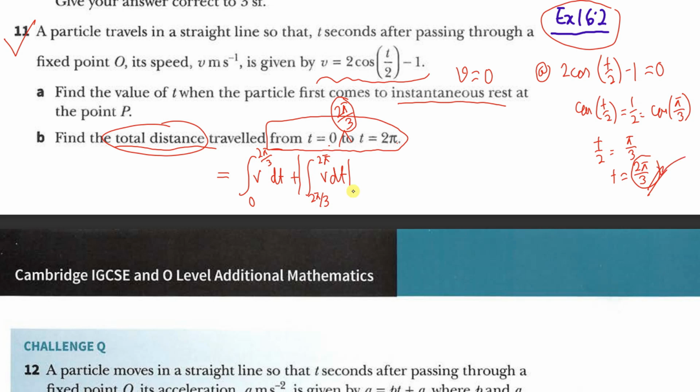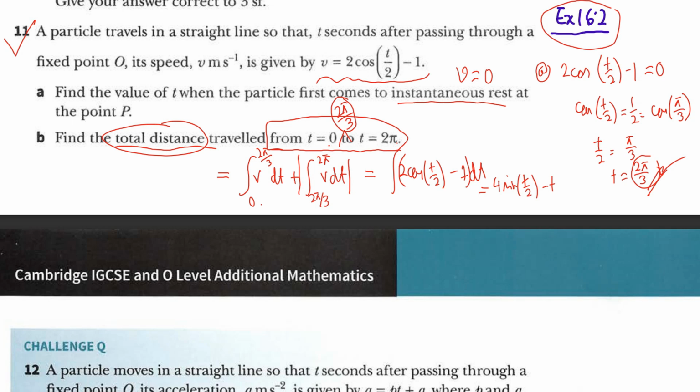That's why we have to go from 0 to 2pi/3 first, then from 2pi/3 to 2pi again. So let me integrate, and the integration we can do one time. The expression it is written here, 2 cos t/2 minus 1. If we integrate that without putting the limit, the coefficient of t is half, so 2 divided by half gives us 4, then 4 sin t/2, then minus t.